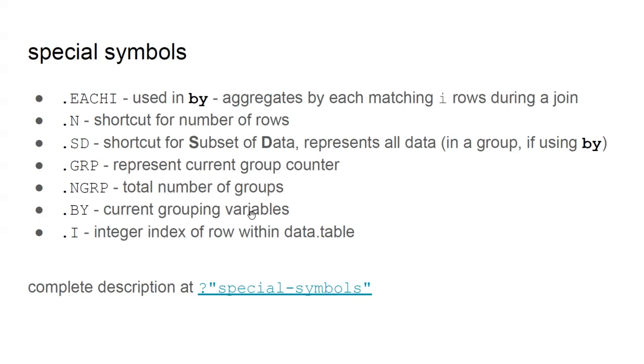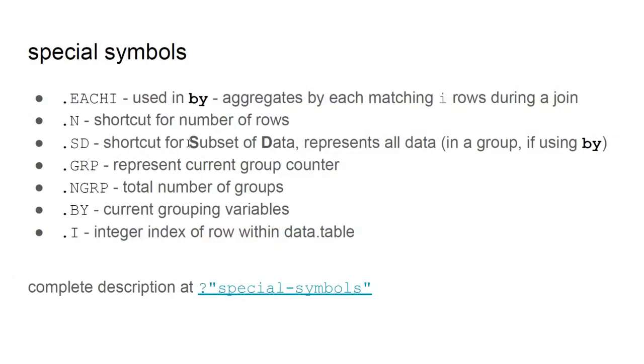We've seen a few special symbols already in those slides, and now I would like to focus on those. So .EACHI is the one that we've seen used in by, to aggregate by each matching i row during a join. Then .N will be presented in the next slide, so maybe I will not talk too much about it. It's the number of rows, the total number of rows.